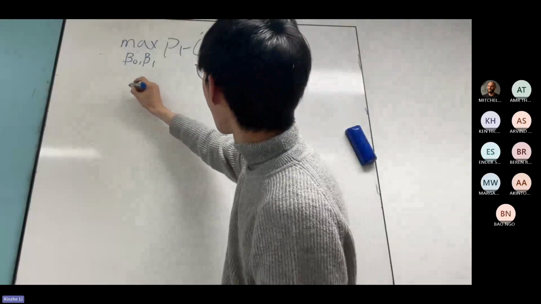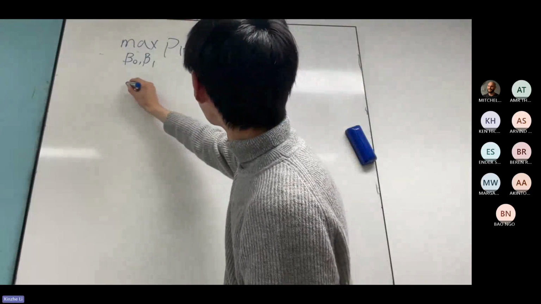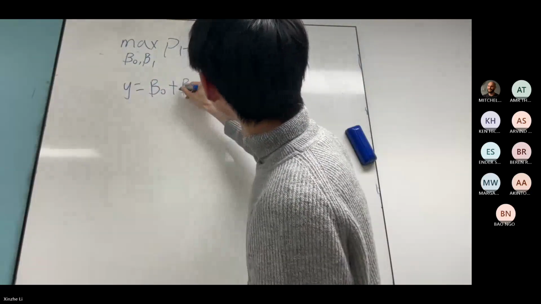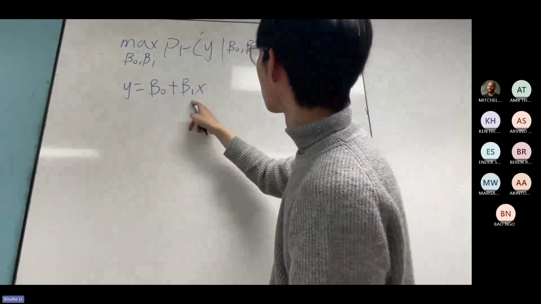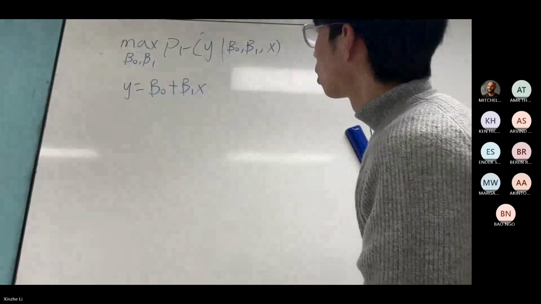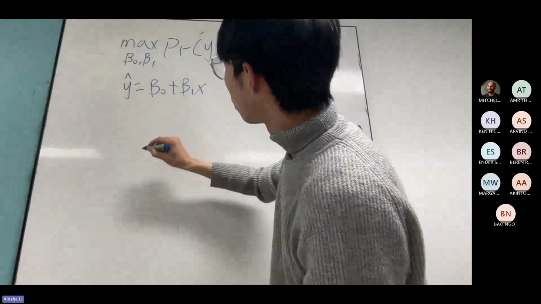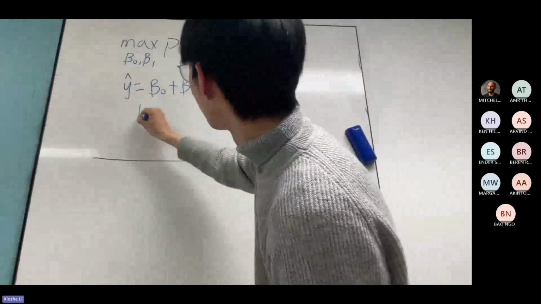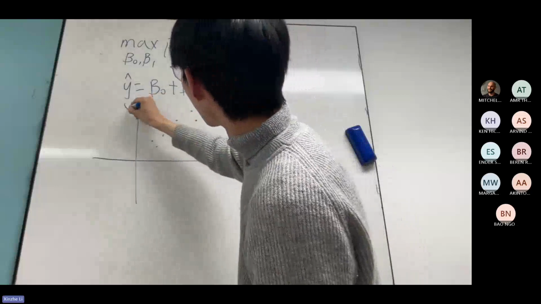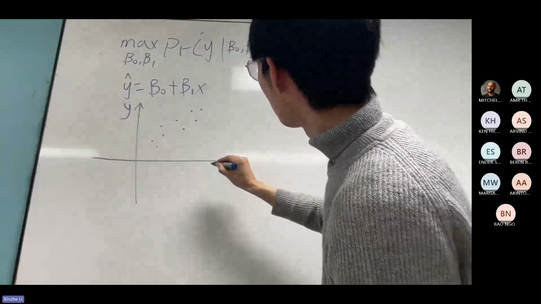But what we have is this. So we can get the Y. Actually, this is Y hat. Remember, if we have some point here, here is Y, and only one feature here.